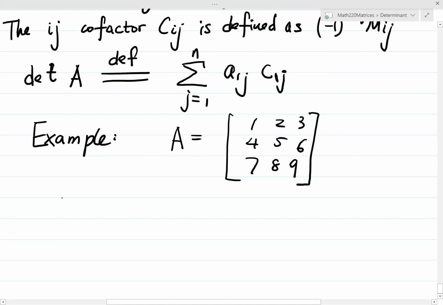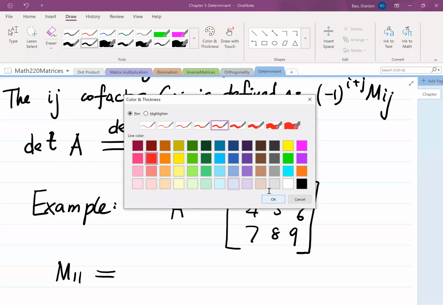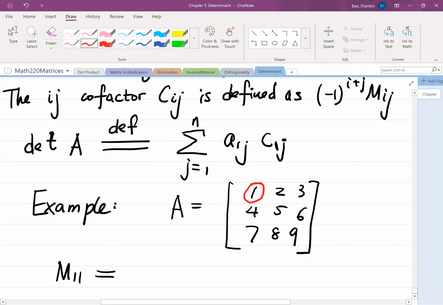So what is M11? M11 is the first row, first column. You find the entry in the first row and first column, and you cross out the first row and the first column.